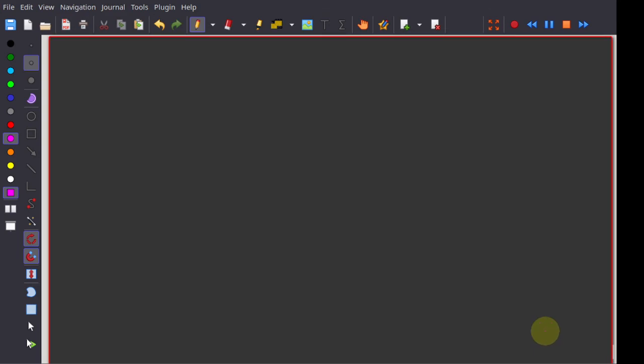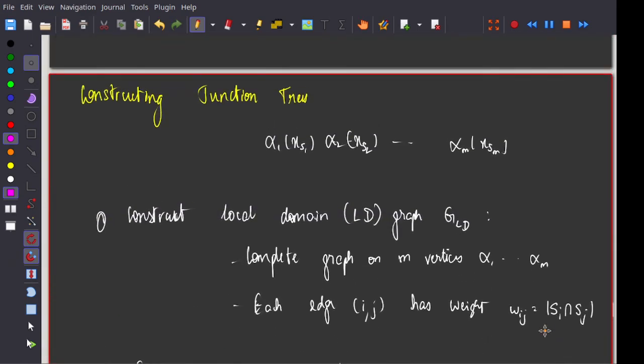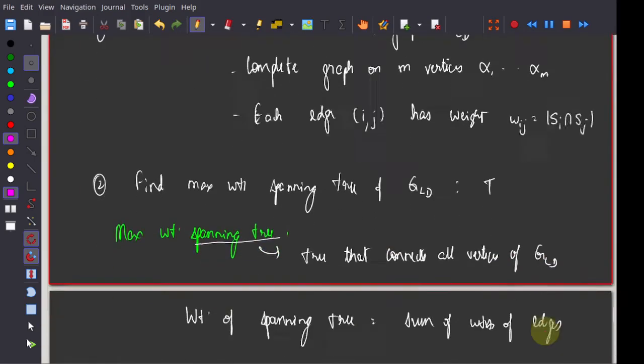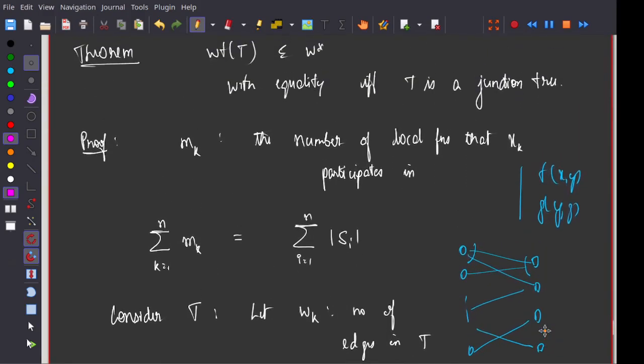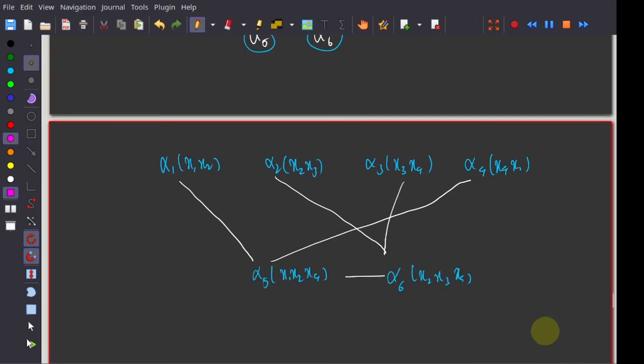So now let us look at the other example.